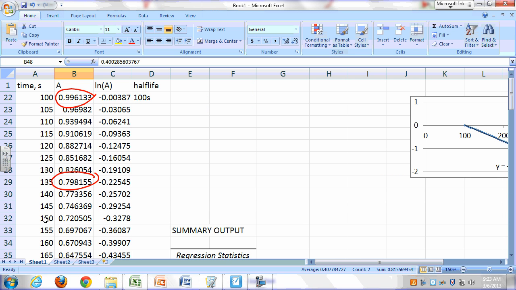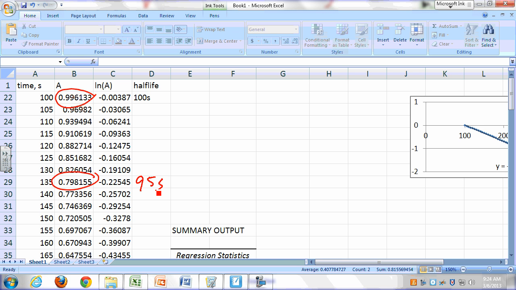So 135 to 230, how long is that? That's about 95 seconds. Okay. So you can see here that your half-life is more or less constant. And of course, the variation there has to do with what? Random errors, right?